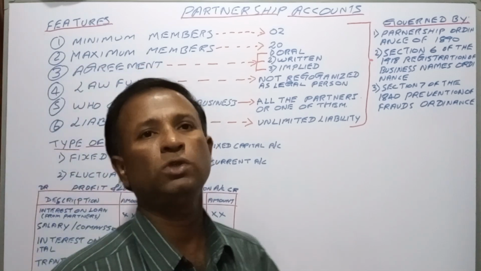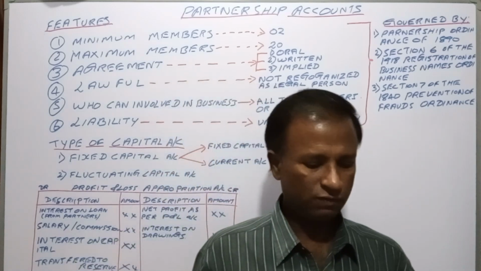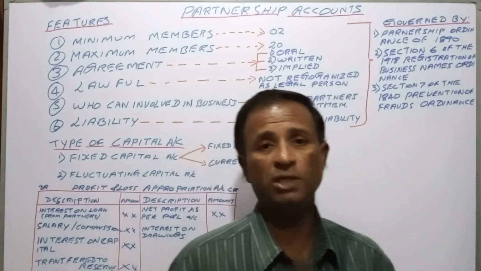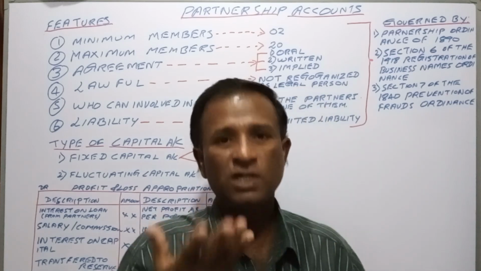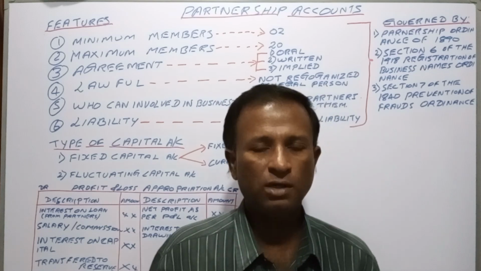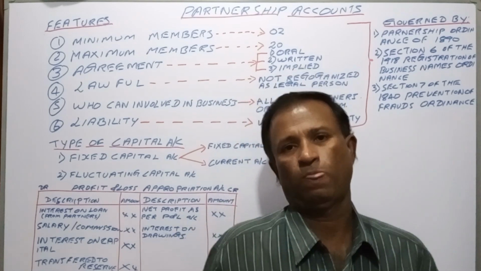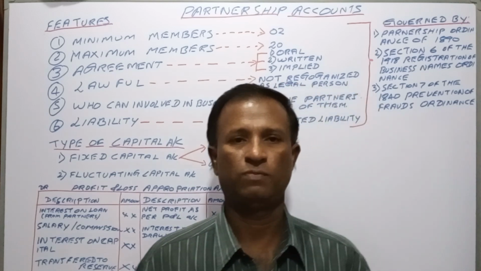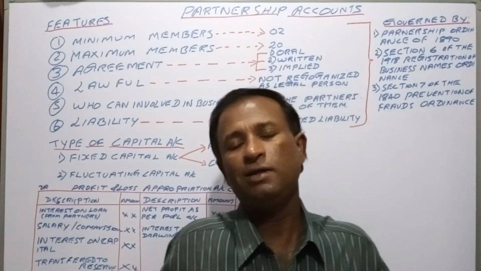Agreement to do the partnership: you should have some sort of understanding or agreement. The agreement can be oral, by word of mouth, or in written form. Number three is implied term.